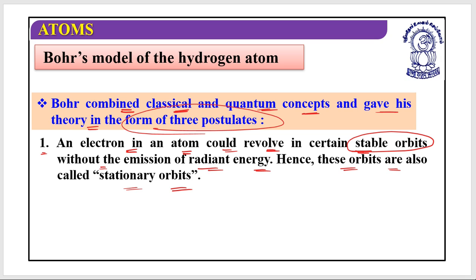So when an electron is revolving in certain stable orbits only, it is not going to radiate any energy. That was the theory. They said that it does not define the stability of an electron. He has an answer to this.